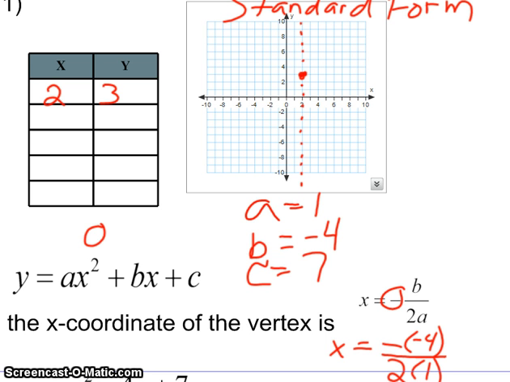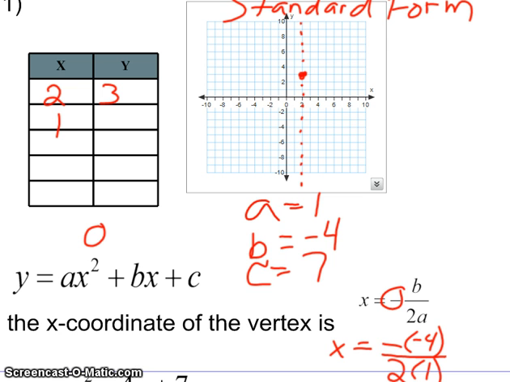Now, your teacher requires 5 points. The vertex is the first one. We need 4 more. Okay? Now, to do that, you are going to pick a number close to the vertex. So can you tell me a number that's close to 2? 1. So the next number I'm going to use is 1.